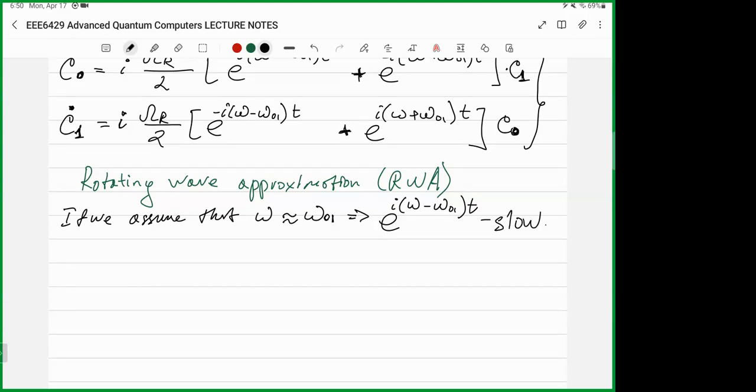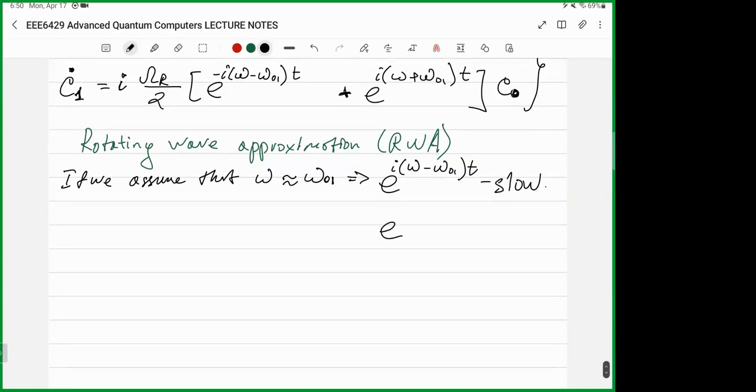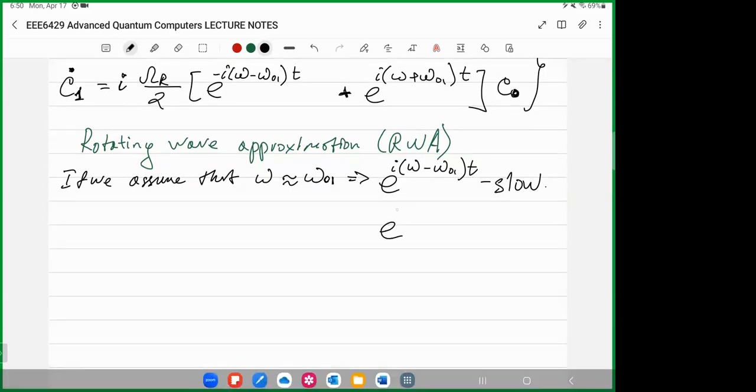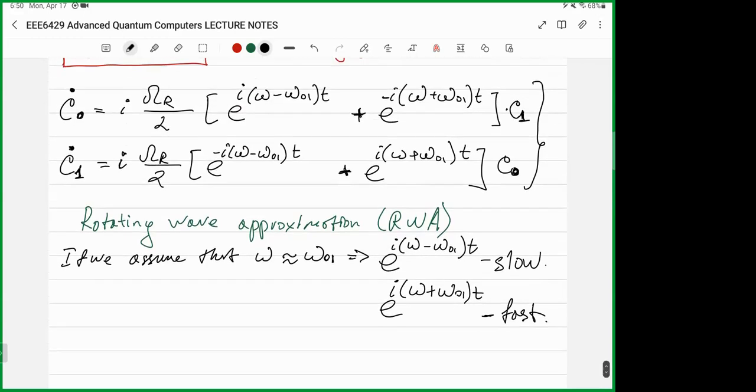It will be slow. But at the same time, if you consider the second term, like e to the power of i(omega + omega_0,1)t, the closer to the resonance, it will be much faster function than the first one.